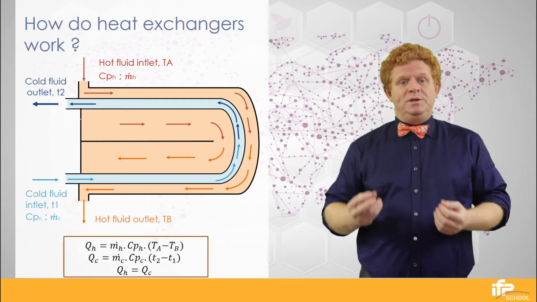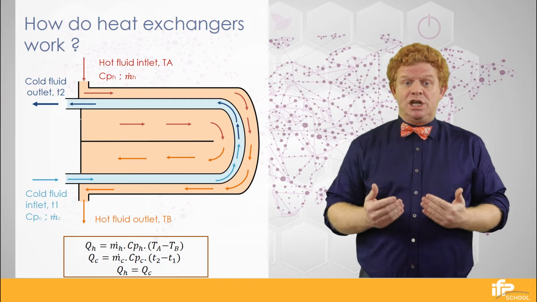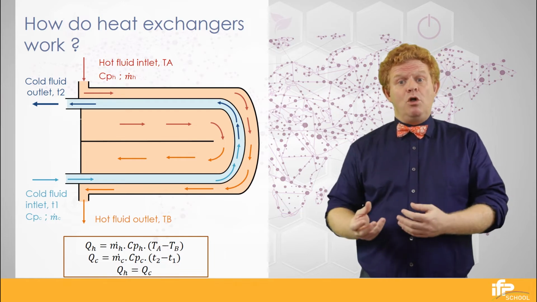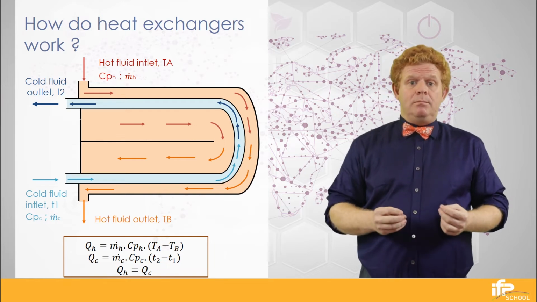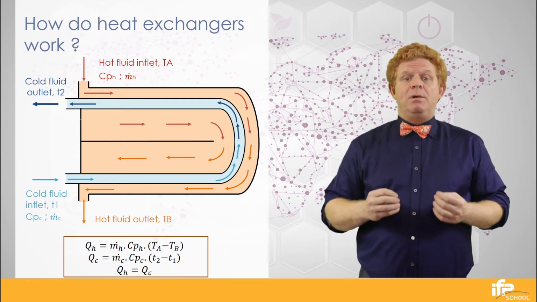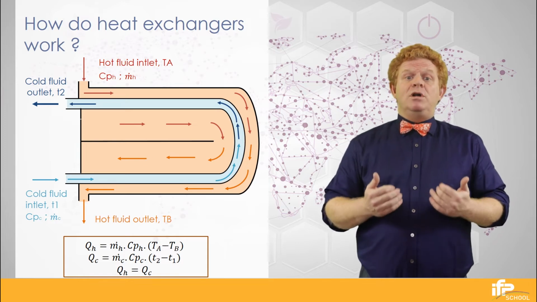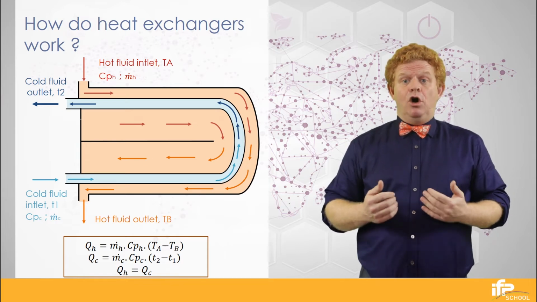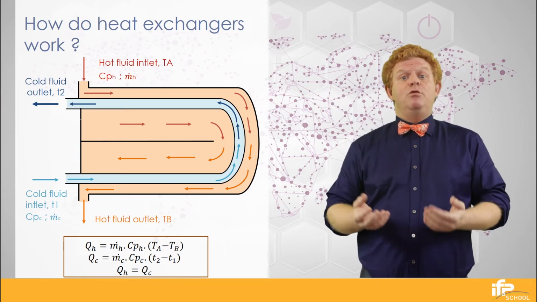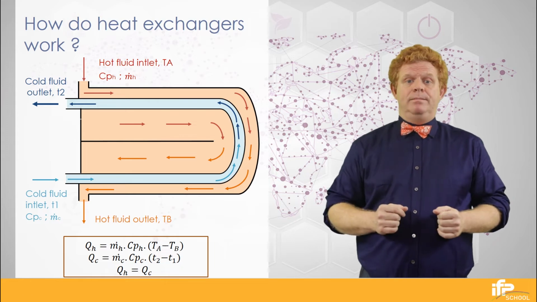Finally, without vaporization, the quantity of heat exchanged is calculated thanks to this formula: Q equals M multiplied by Cp multiplied by delta T. The quantity of heat released by the hot fluid is equal to the quantity received by the cold one.